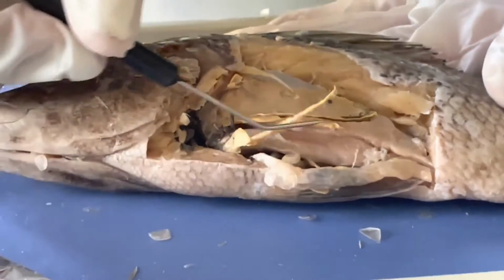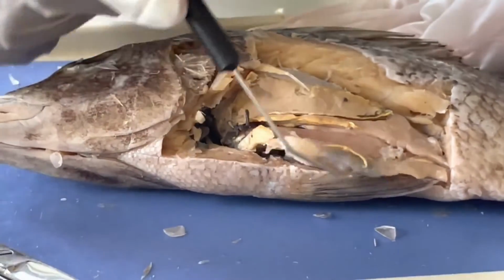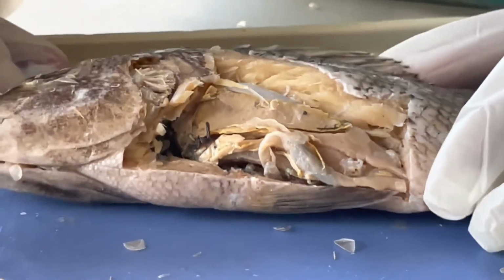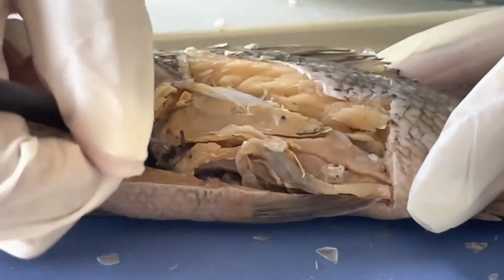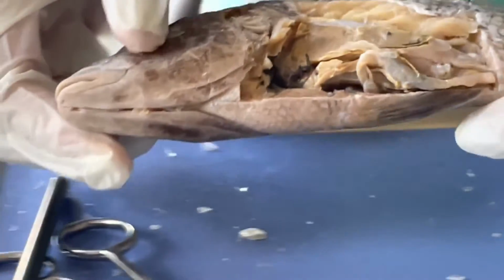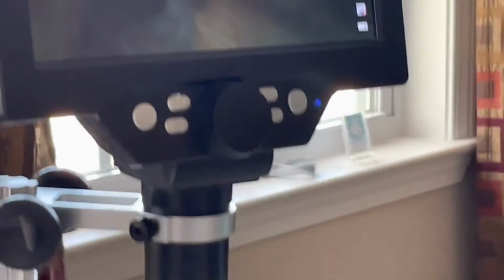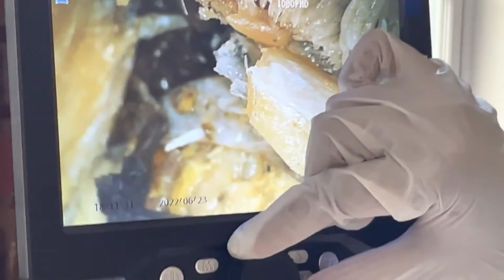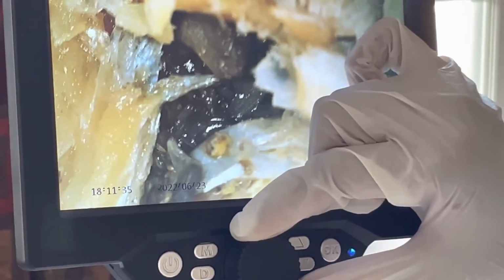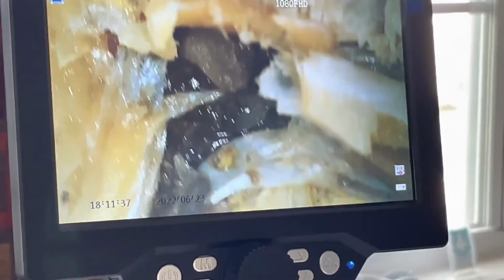Now, let's talk about the circulatory system of the fish. So here we are going to try to view the heart, which is back here. Let's take this to a digital microscope. Okay.